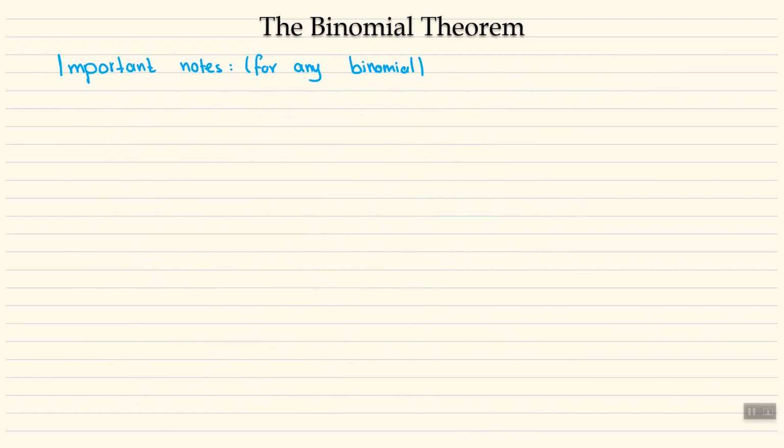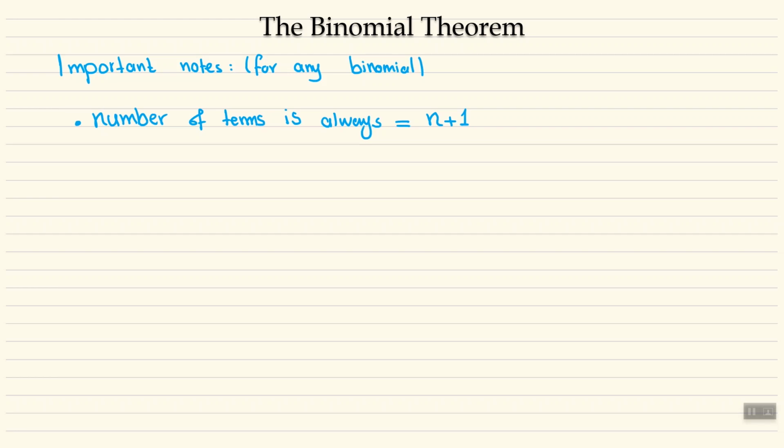Let's see this one. So these are some important notes for any binomial. What are these notes? First thing, the number of terms is always equal to n plus 1.